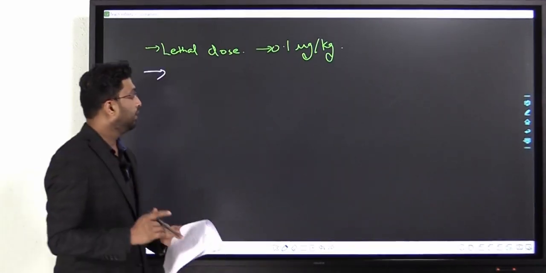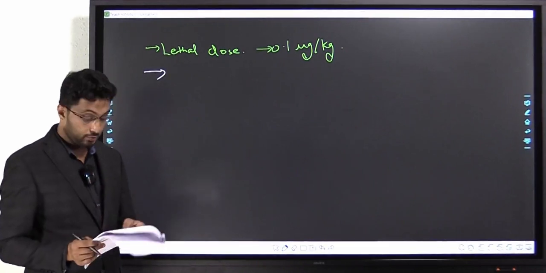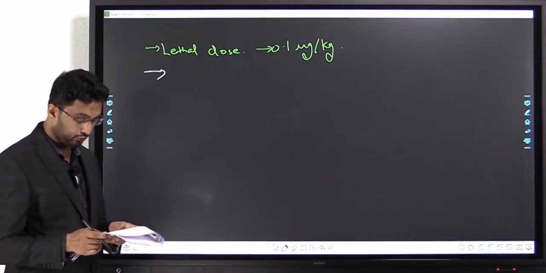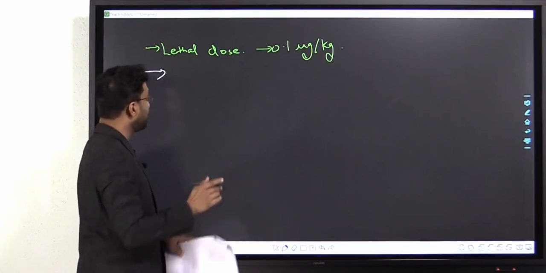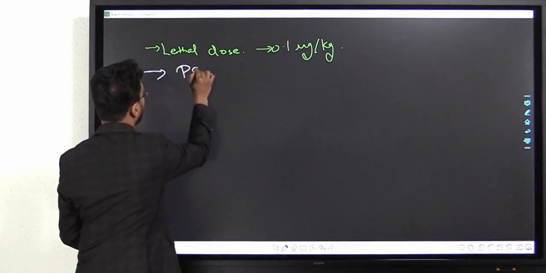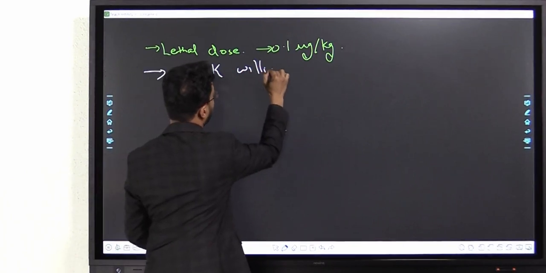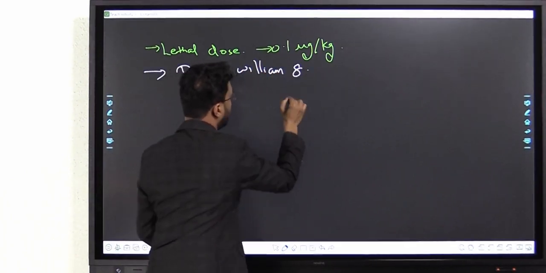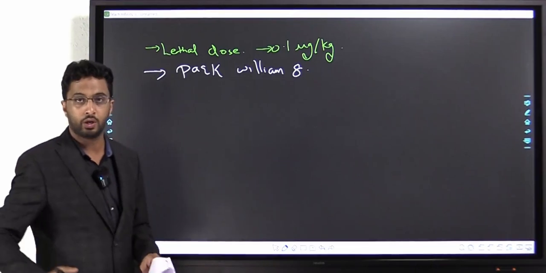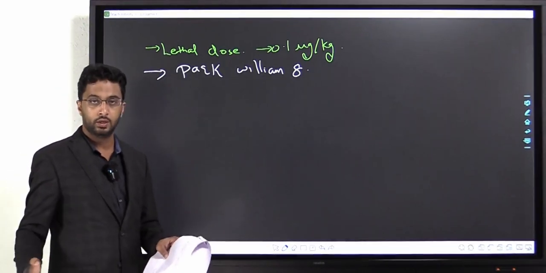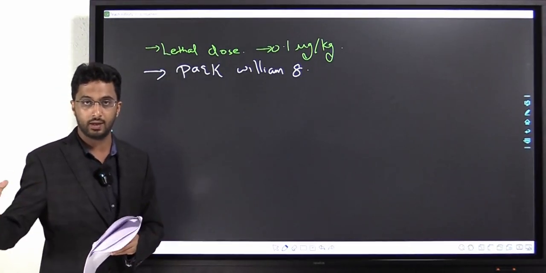The strain used for toxin production is Park William 8 strain, which is used for vaccination, and to toxoid it or make it avirulent.